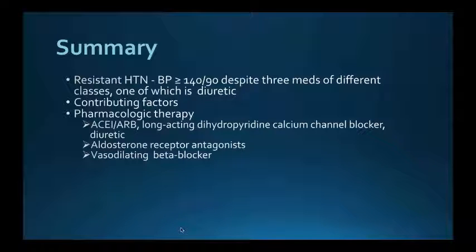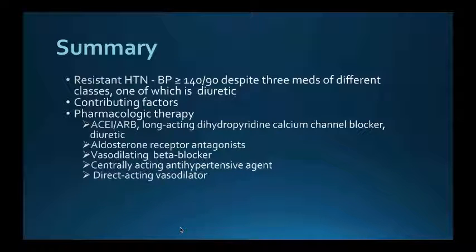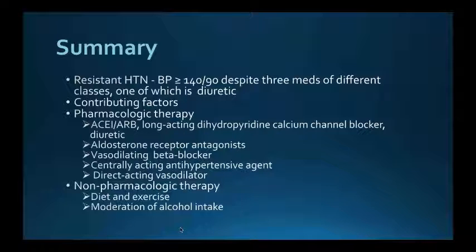Other groups of drugs that can be tried include vasodilating beta blockers, centrally acting antihypertensive agents such as clonidine, and direct-acting vasodilators such as hydralazine or minoxidil. Non-pharmacologic therapy of resistant hypertension consists of a heart-healthy diet, regular exercise, and moderation of alcohol intake. And that concludes my talk.